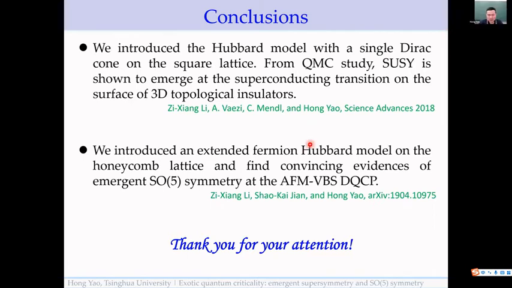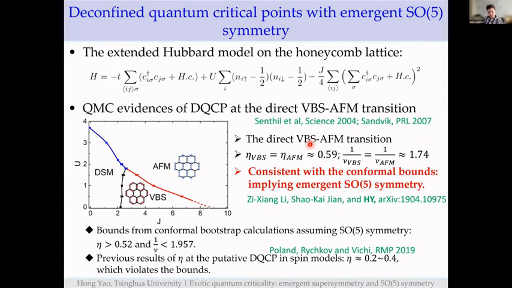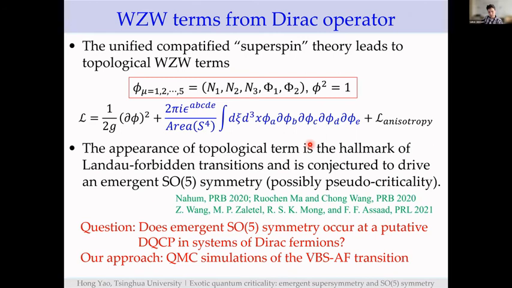I think it's the same theory. The same thing. So would you be able, for example, if you were able to simulate this bosonic theory, would you expect the same kind of exponents?